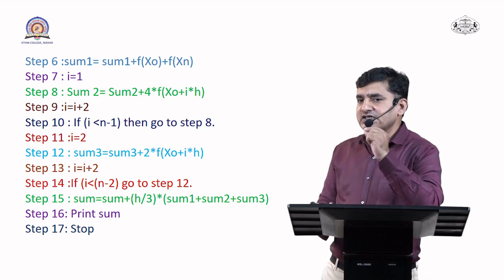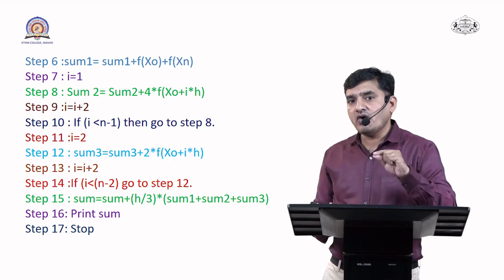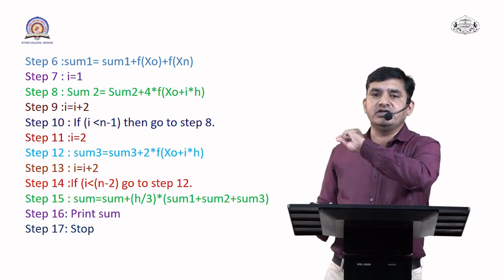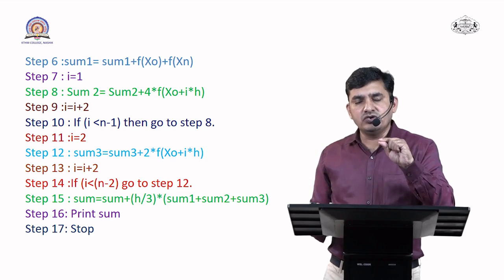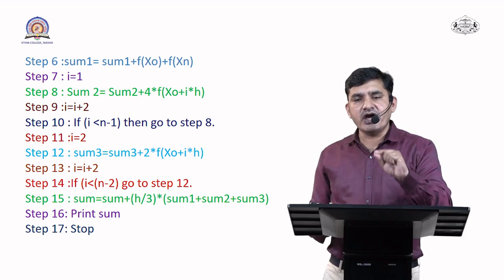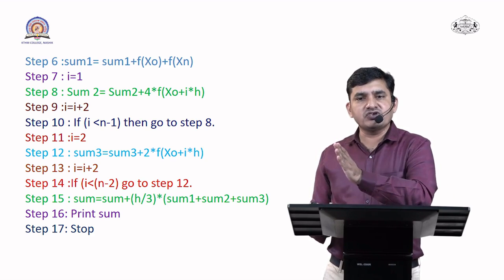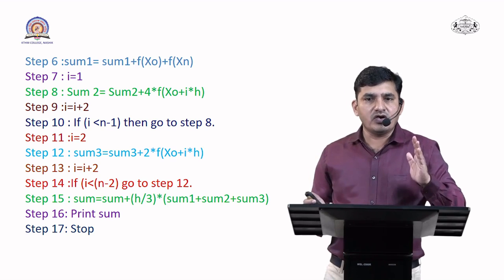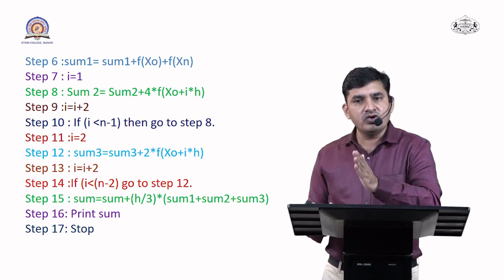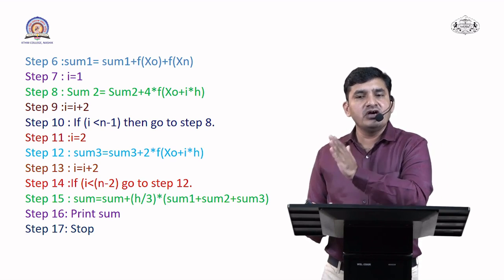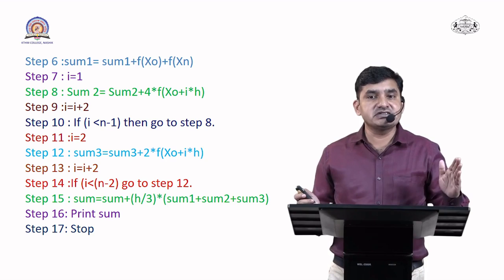Okay, sum 3 represents all even terms, that is 2 in bracket y2 plus y4 plus y6 and so on up to yn minus 1, or simply 2 in bracket f of x2 plus f of x4 plus and so on up to f of xn minus 1.